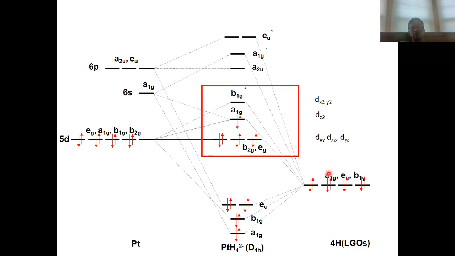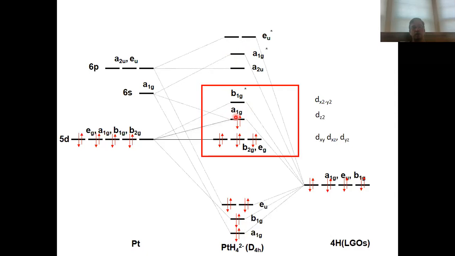So that means that these three can be combined to form molecular orbitals: one bonding one, one anti-bonding one, and one approximately non-bonding one. You see the bonding one here, which has low energy. You see the anti-bonding one here, and you see the non-bonding one here in the middle at intermediate energy.